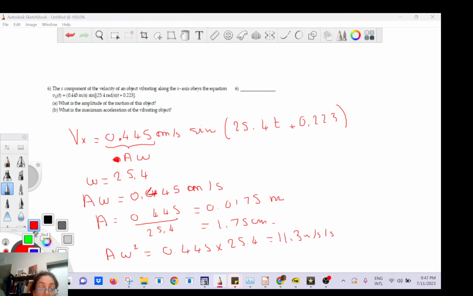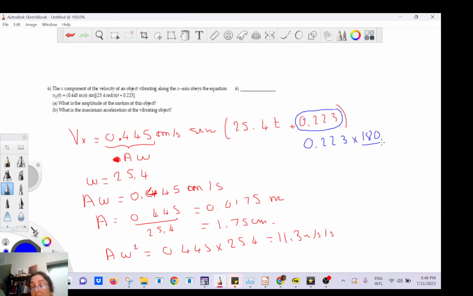So there is no negative, but you see here there is a phase shift. So if you want to know, sometimes it's easy to see what's the phase shift in degrees. So you multiply by 180 and you divide by pi.